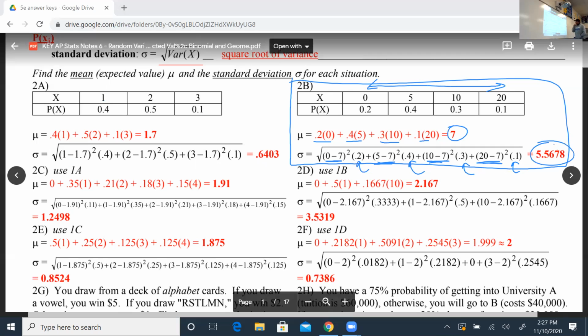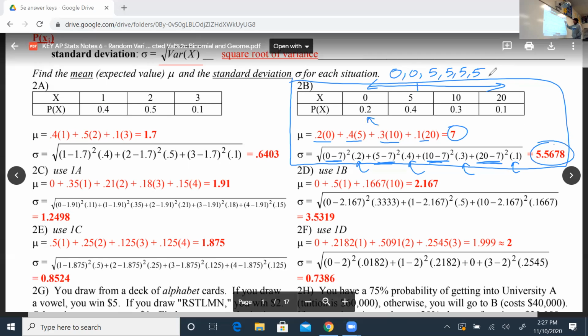Another way of looking at this is if you wanted to do this on your calculator, it's pretty cool. You could try this. I'm not going to do it for you, but you can try it. What you have in this data set is 2 zeros. You see the 2 zeros? 20% of the data set is 0, 2 zeros. You have 4 5s, 1, 2, 3, 4.